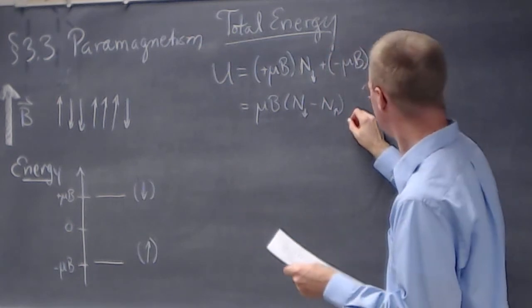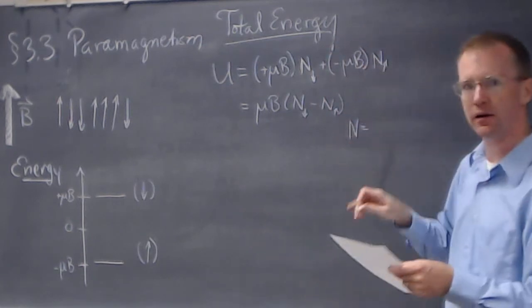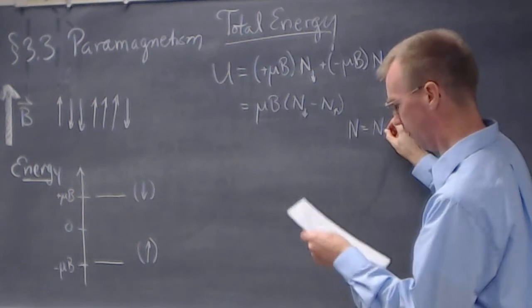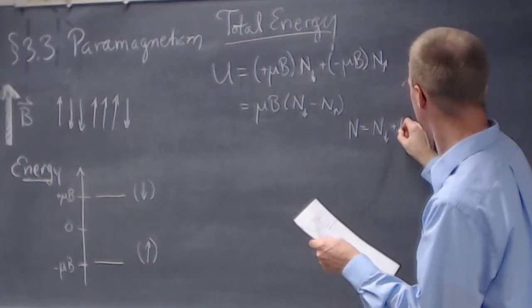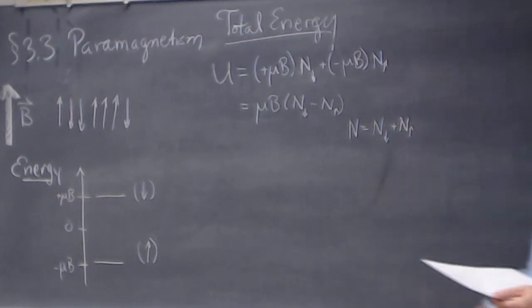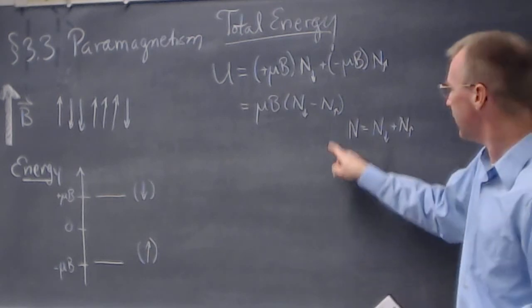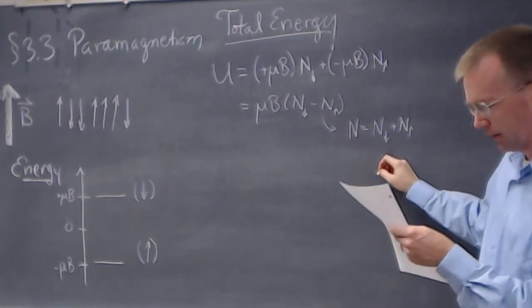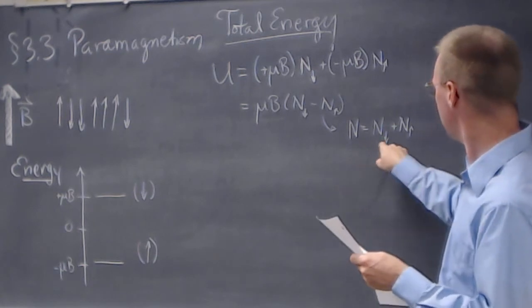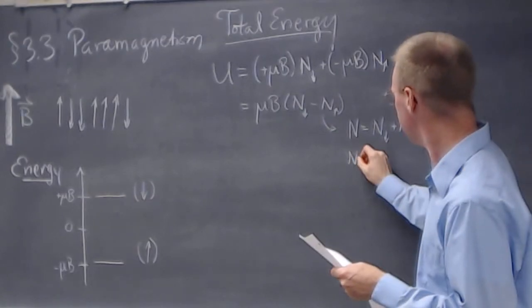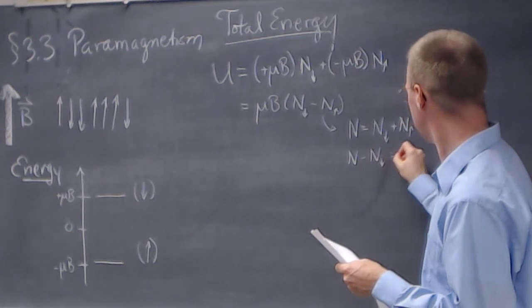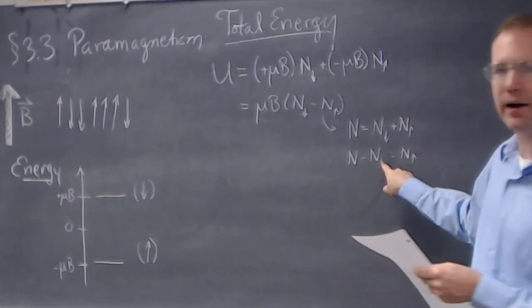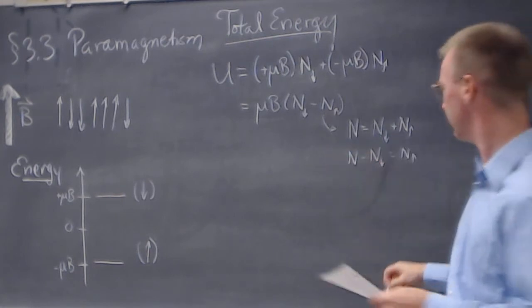Okay, so if the total number N is the number down plus the number up, then I want to get rid of the number up here. Then number up, I solve for that, that's N minus N down. All right, I just plug that in for number up.